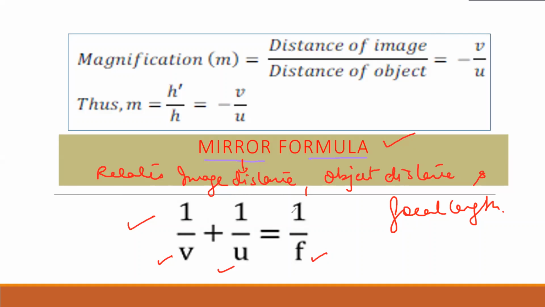Now based on this mirror formula, you have to do the numericals on mirrors. Now in a numerical, they may give you any two things and they may ask you the third thing. They may give you the position of the image, position of the object, and focal length they will ask you to find, and they may add something more to calculate power, because you know focal length and power are correlated to each other, both are reciprocal of each other.